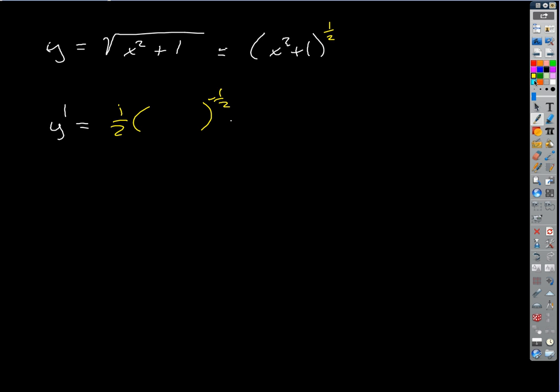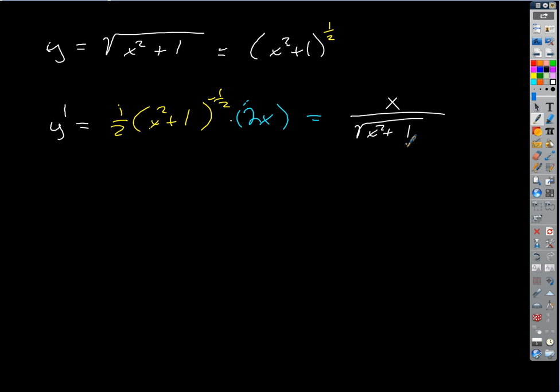Now we peel that outer layer. What do we have inside? We have x squared plus 1. What's the derivative of the inside? 2x. So if we put that in the right order, the 2 and the 1/2 cancel, and I just end up with x over the square root of x squared plus 1.